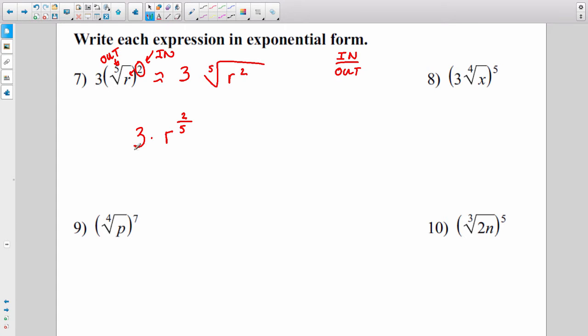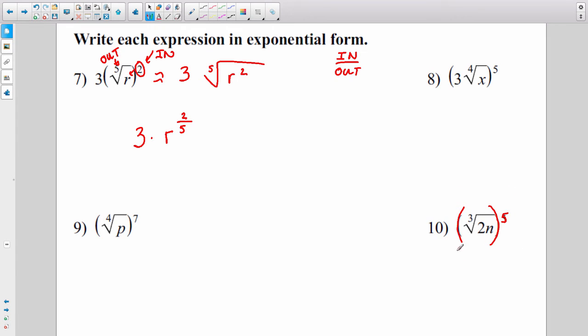Number 10, what's curious about this is these parentheses right here with this 5 on the outside. That tells me, the loyal exponent, right, that 5 is talking to everybody inside this briefcase. So it's the n has the 5, but so does the 2.